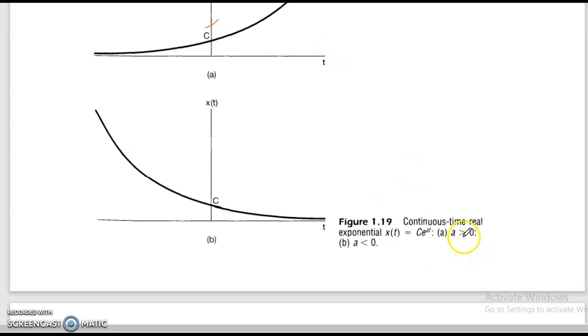If a is greater than 0, then x(t) is a growing exponential. If a is less than 0, it is a decaying exponential signal.